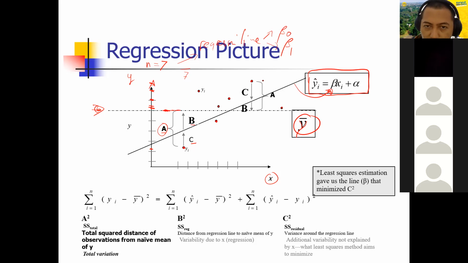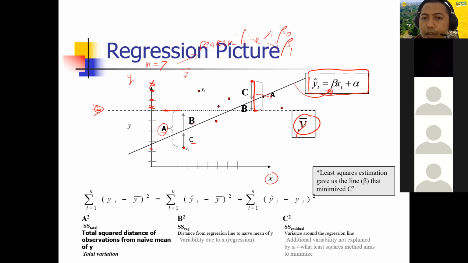Also for this data, if you pull a straight line, this is a also. A is the deviation or error of the data to the average of y.